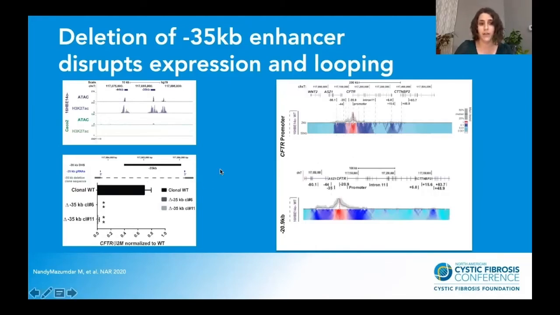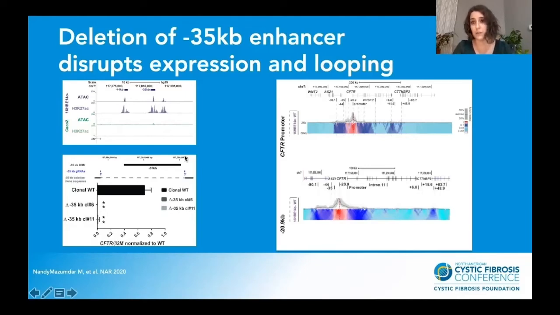The minus 35 kb deletion line was generated by a current postdoc in the lab, and minus 35 kb, just to remind you, is a strong enhancer in 16-HBE cells. And when this element was deleted in 16-HBE cells, we see a massive reduction in CFTR expression.